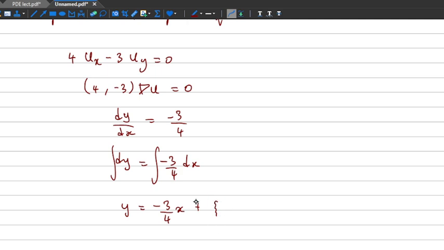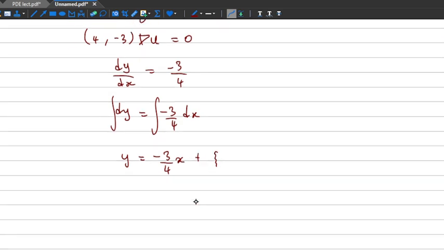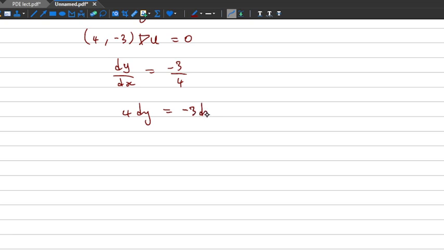So we make psi subject. Okay. So actually here, before we would have said 4 times dy, so that it is simpler, right? Before we do this, let me just separate this as 4 dy is equal to negative 3 dx.